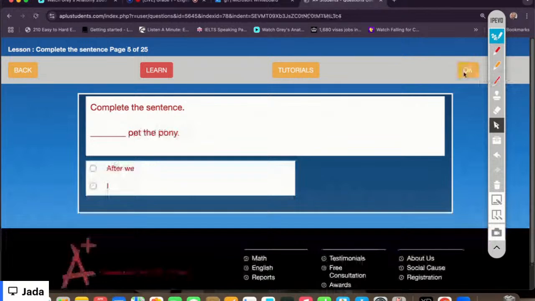Dash gets pets the pony. After we or I pet the pony.